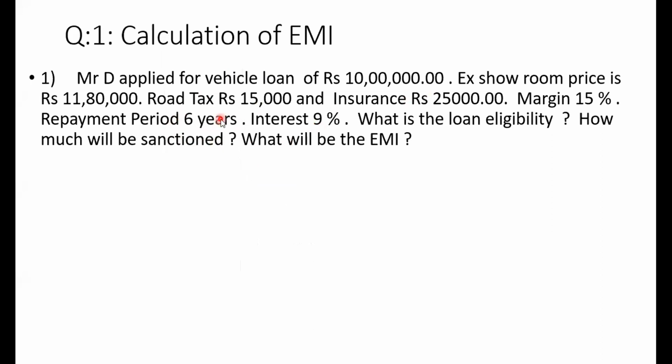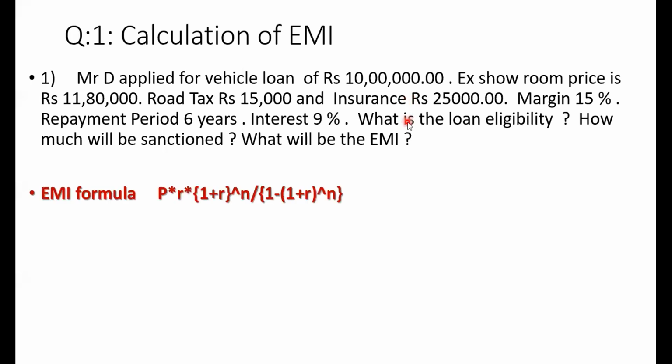Earlier days we were excluding them; margin was calculated on these 2 components, and expenses were not loaded. Now, like in housing loan, stamp duty and registration expenses will be loaded as project cost for the purpose of calculating LTV, loan to value. That means indirectly it's a margin. LTV 80% means margin is 20%. That is a thing you have to understand.